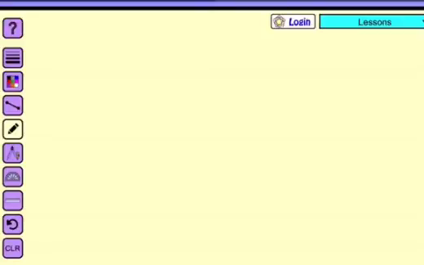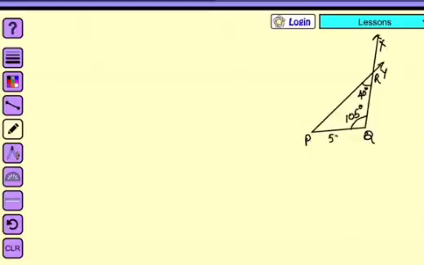Before the construction, we'll have a rough diagram drawn. We'll name it as PQR. This is 105 degrees given, 40 degrees given, and 5 centimeters is given. What we calculated was this one, which is 35 degrees. We'll try to construct that now.